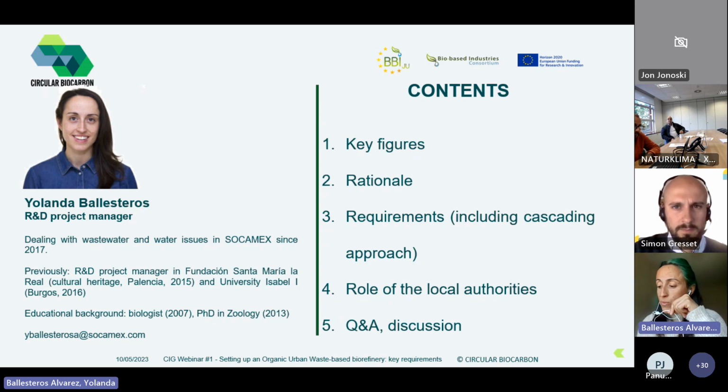In this presentation, we are going to talk about the process for setting out a biorefinery through the consideration of the general figures affecting biorefineries, the rationale, the explanation of the cascading approach, the requirements, and the role of local authorities. Finally, we will have some time for discussion.